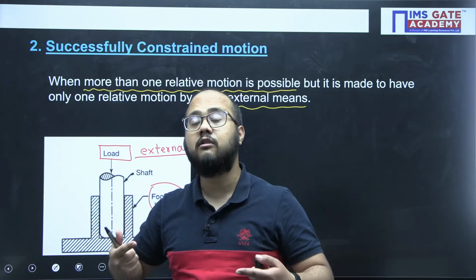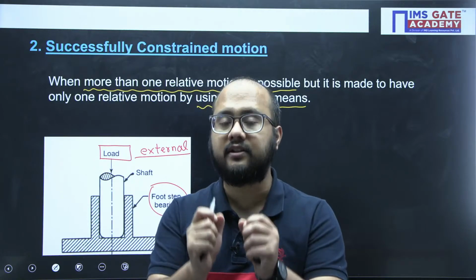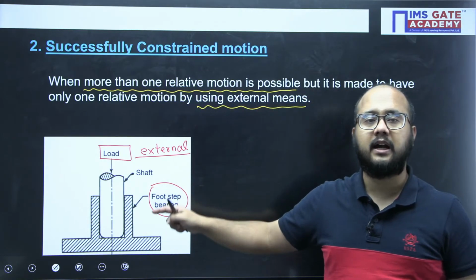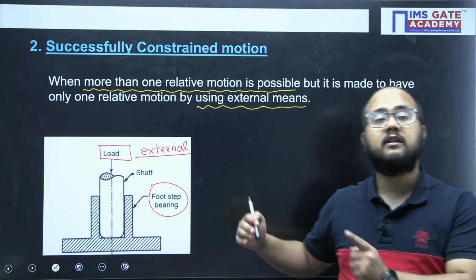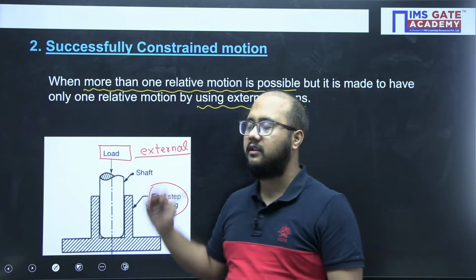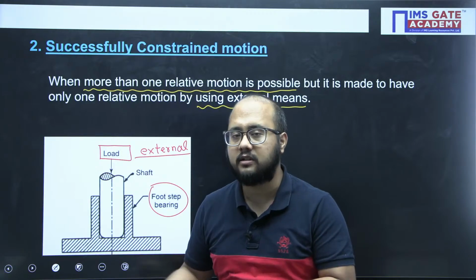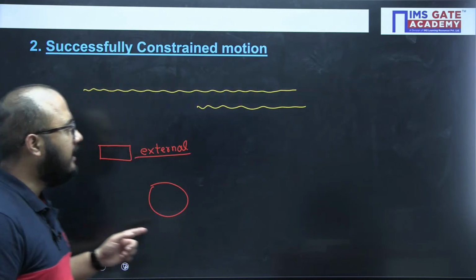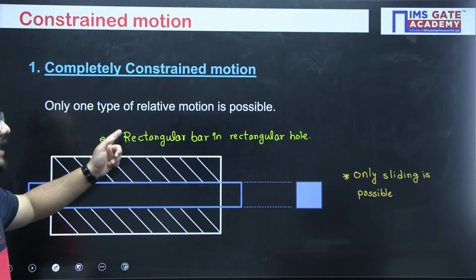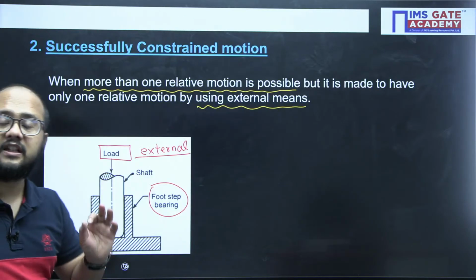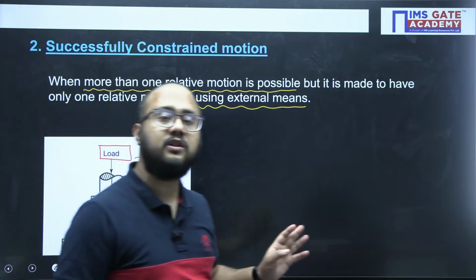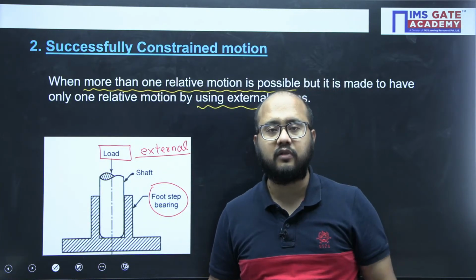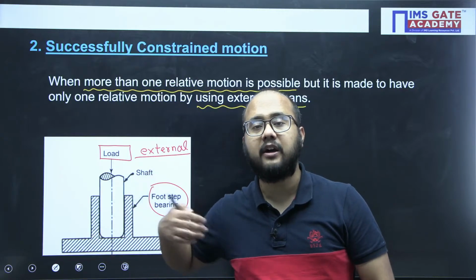So it is called successfully constrained. We made this particular mechanism a constrained motion with the help of this load, which is external to the system. That's why it is called successfully. So the difference between completely constrained and successfully constrained: successfully constrained motions are those in which an external means is required to make them constrained.